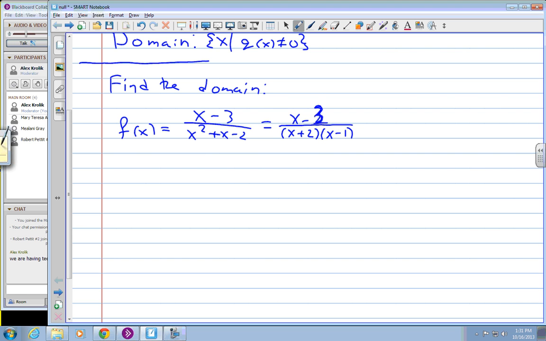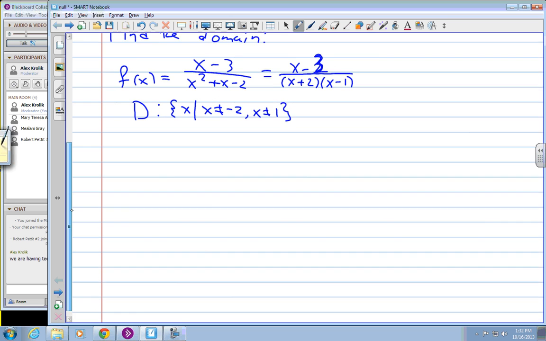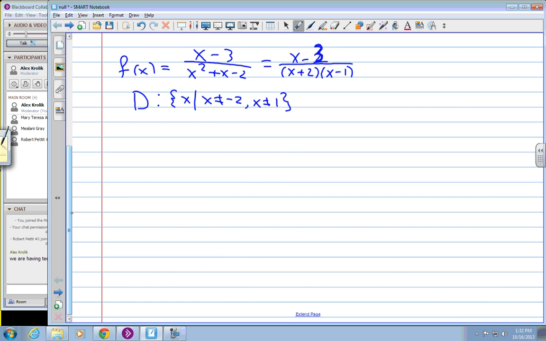So these are the numbers that are not in the domain. So the domain of this function would be all real numbers such that x does not equal negative 2 and x is not equal to positive 1. Okay? Regardless of whether we can reduce this fraction or not.